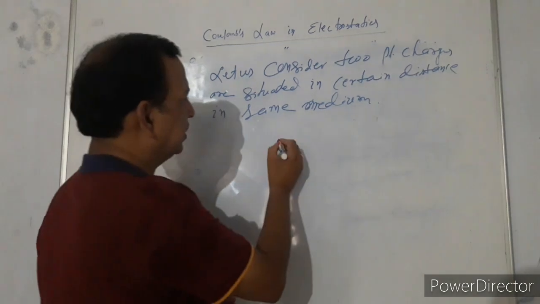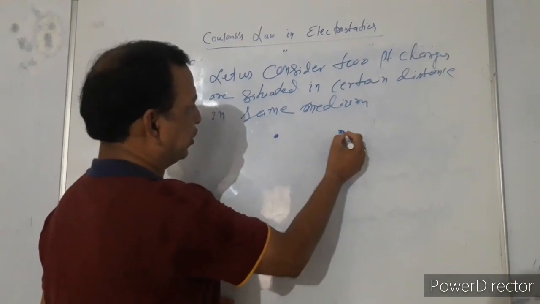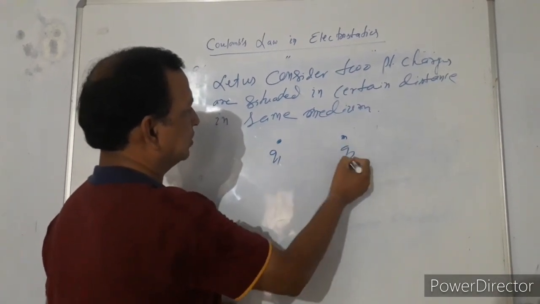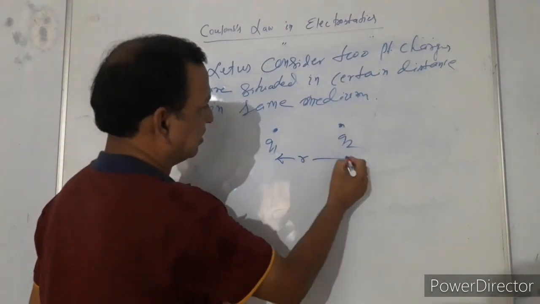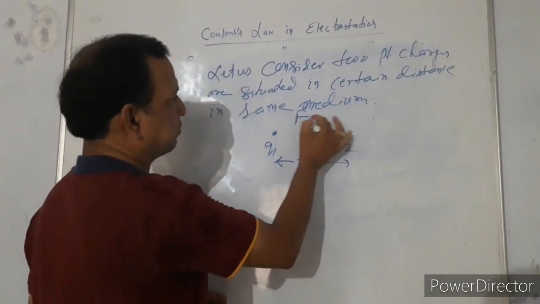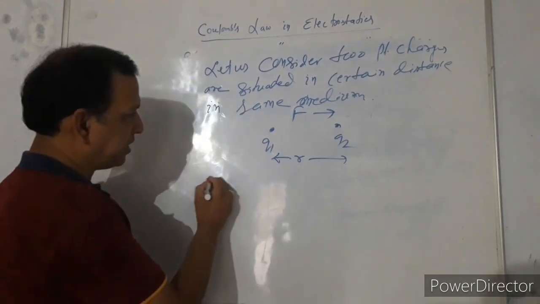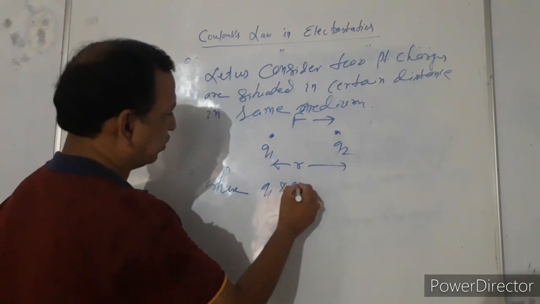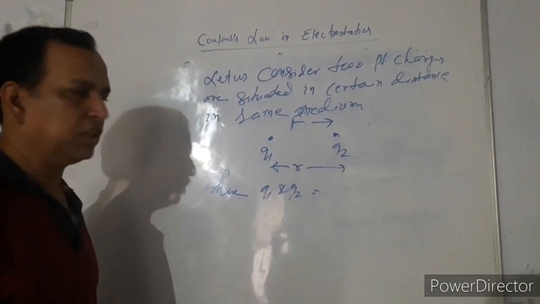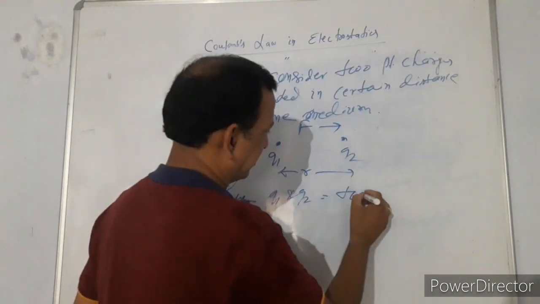That means Q1 and Q2, two charges. The distance between them is r. F is the force that exists. Q1 and Q2 are the two point charges.